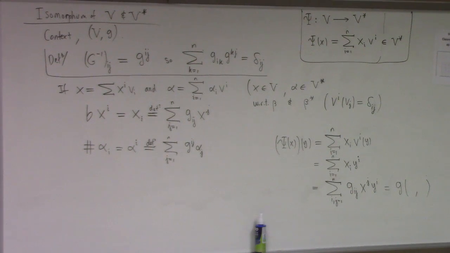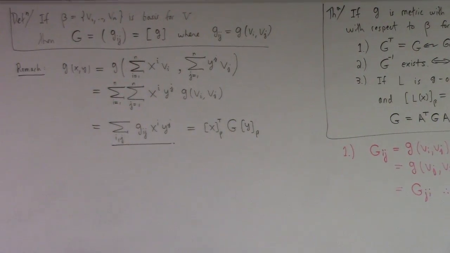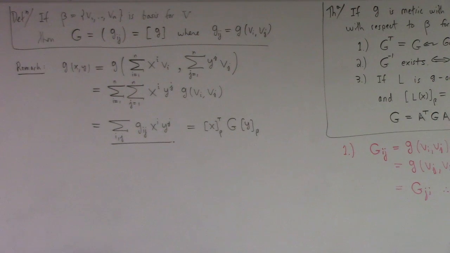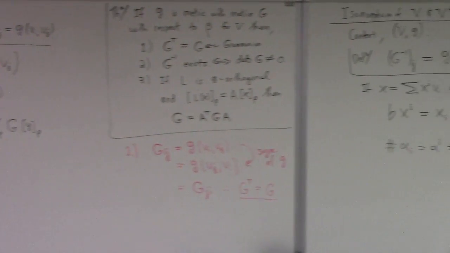G of xy is the sum over i and j of g ij, x upper i, y upper j. It's the same thing with x and y flipped around. That's g of yx, and of course that's equal to g of xy because it's symmetric.